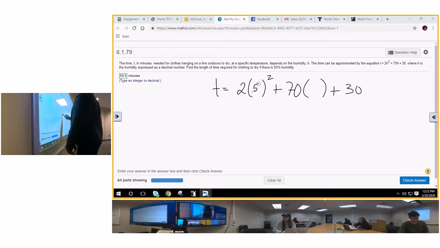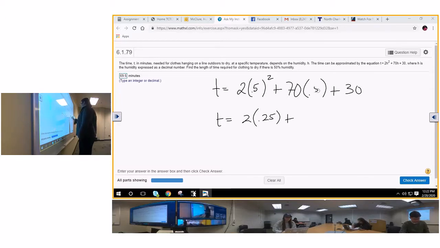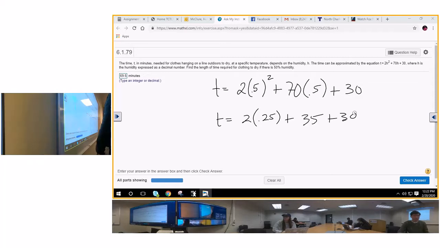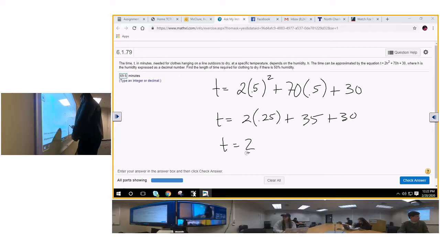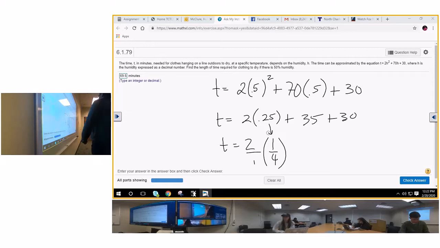And that's going to be T is equal to 2 times 0.25 plus 35 plus 30. All right, well, 1/4 of 2, let's do this. T is equal to 2 over 1 times 1 over 4, because 0.25 is 1 over 4, plus 65.